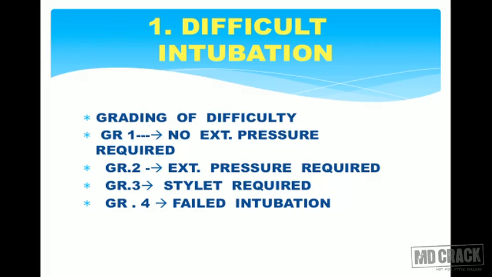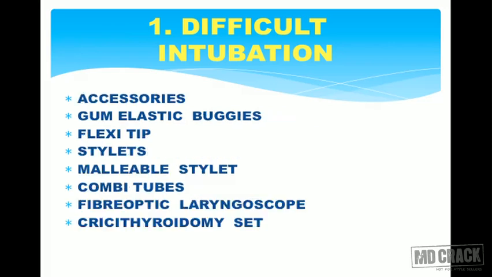Grade 2, with the help of cricoid pressure, the patient could be intubated. In grade 3, with the help of a stylet, the patient could be intubated. And grade 4, where in spite of using a stylet, cricoid pressure, any other surgical help or any other help by an assistant, intubation is not possible. Thus, you grade it as grade 4 difficult intubation.